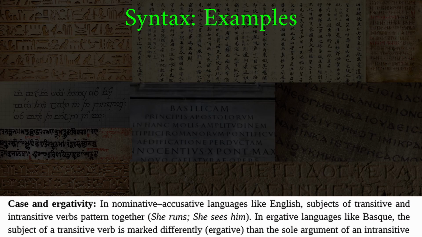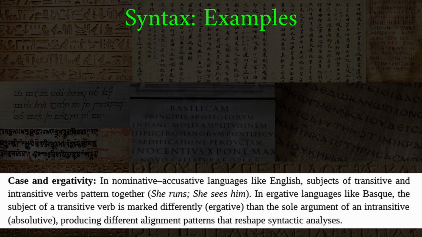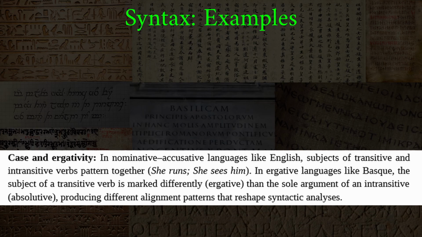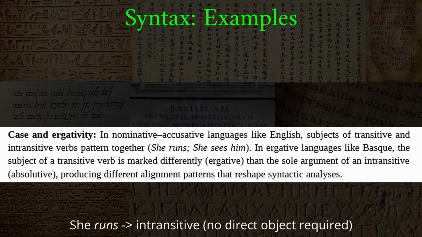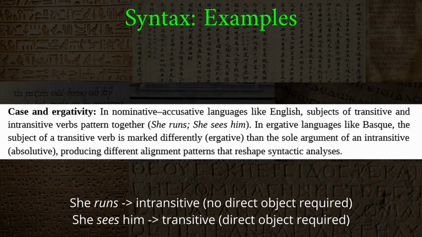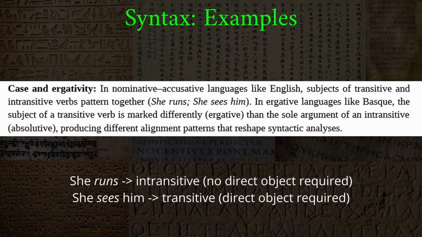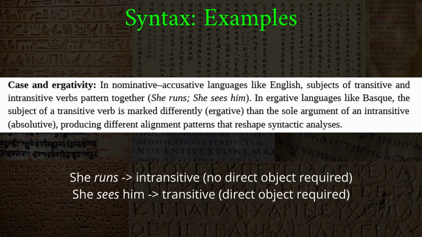Then we have case and ergativity. In nominative-accusative languages like English, subjects of transitive and intransitive verbs pattern together. She runs, which does not take an object, so it is intransitive, and she sees him. Here we do need him as the object to fulfill the grammaticality, so it is transitive.